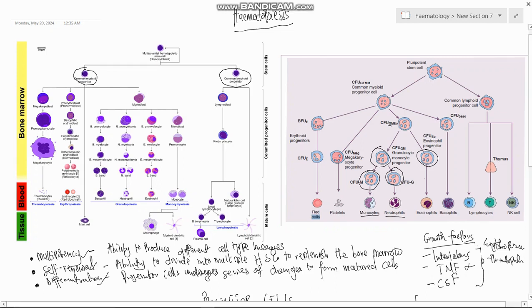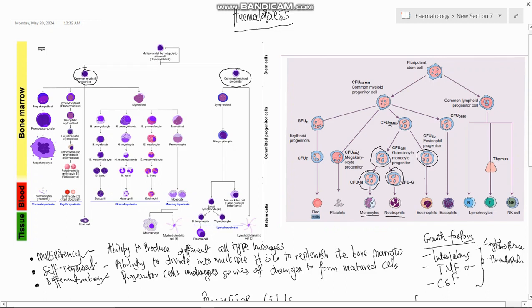For instance, the erythroid progenitors may have a lot of erythropoietin receptors. So during the proliferation of red blood cells, the erythropoietin binds to the erythroid progenitors and then induces the proliferation and then maturation. In our next video, we'll talk about hematopoietic growth factors and we'll discuss more about that.